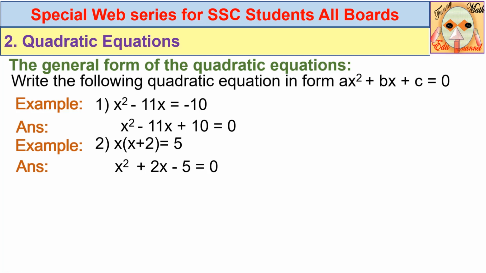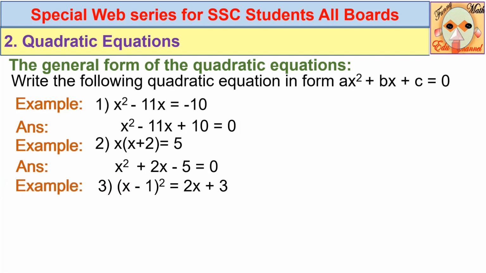Now third example. (x minus 1) bracket square equal to 2x plus 3. Now this we have to write down in general form. First you have to do the square of the bracket x minus 1.